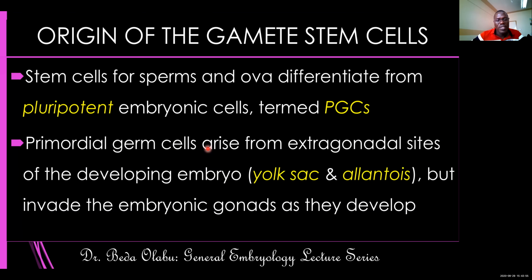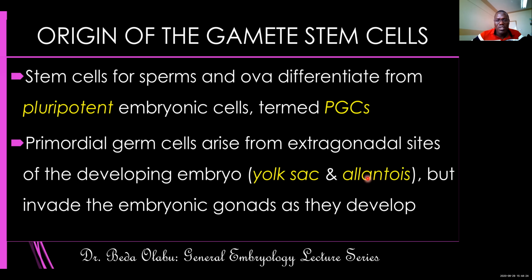These primordial germ cells arise from sites which are outside the testes and outside the ovary. Where are these sites? There are 2. We have what we call the yolk sac, and we have what we call the allantois. So yolk sac and allantois are those extragonadal sites, which are outside the testes or the ovary.